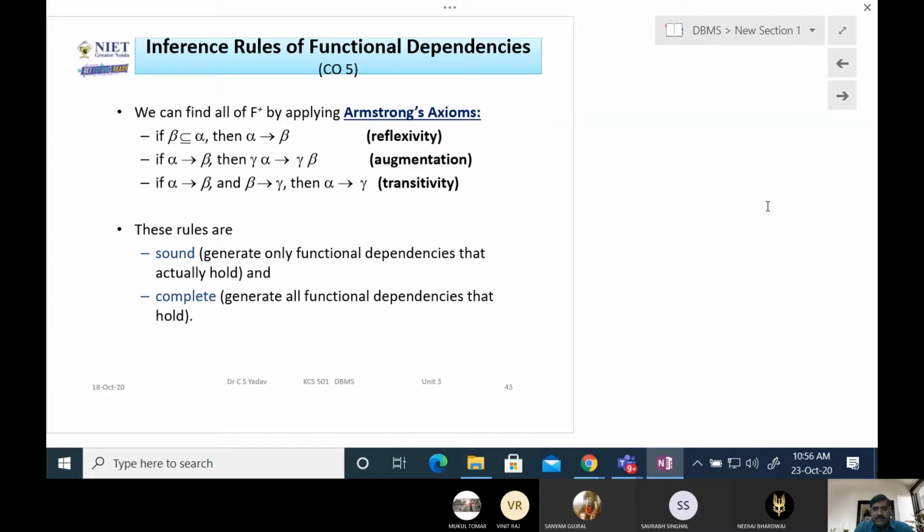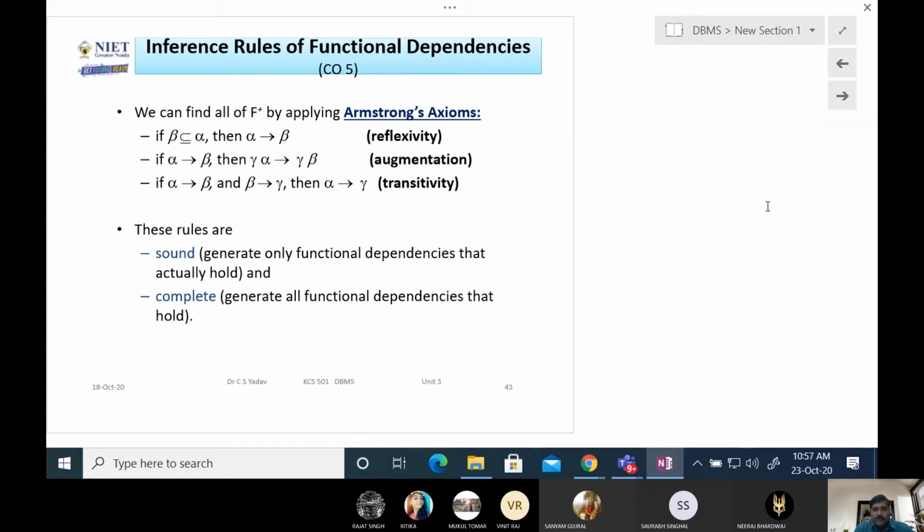If in closure set all the attributes have been associated, it indicates that that set of attribute determines all the attributes of R. And closure of an attribute set is a very important concept to find out the canonical cover of an FD set, to find out the closure set of given FD set, and then to find out the candidate keys of R. Very important algorithm. I hope that you all understood that concept.